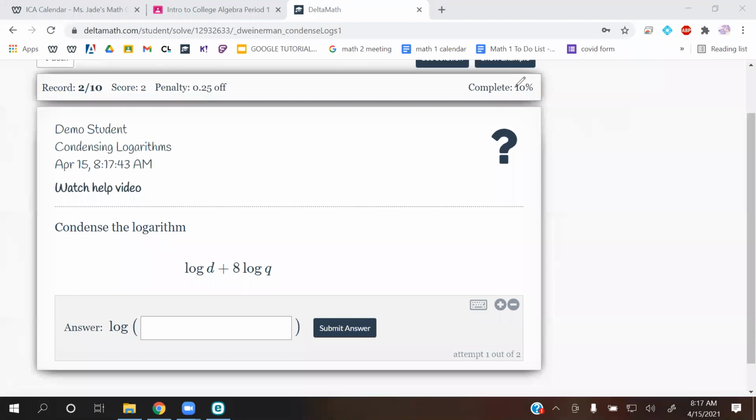Okay, so same idea. We can just leave log d as log d for now. So I'm just going to write log of d plus, okay, this 8 log of q now becomes log of q to the power of 8. So that 8 in the front got moved to become an exponent. Now finally, these are being added, so we want to multiply those values.